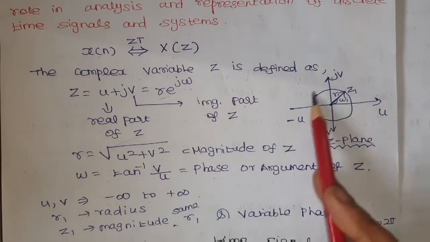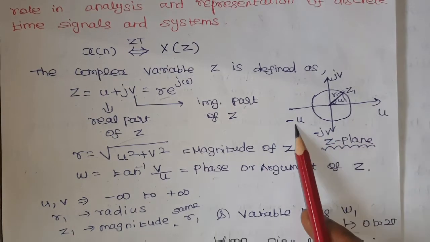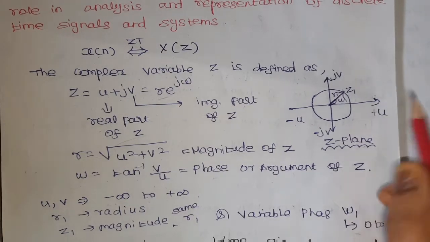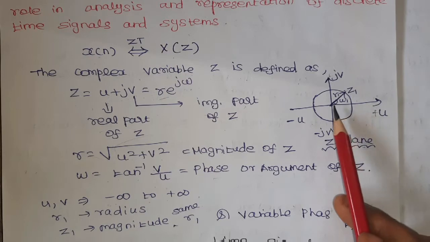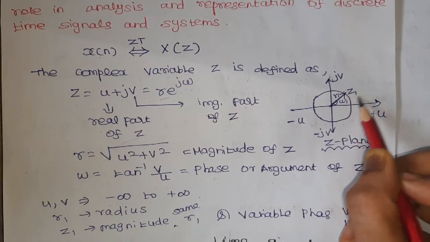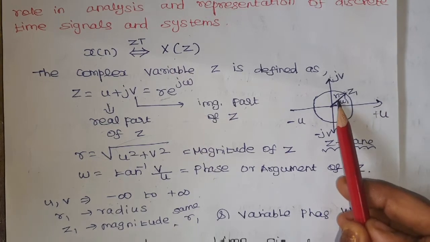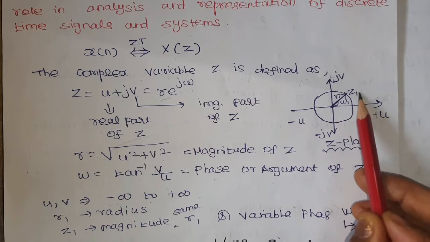This is the general diagram for the z plane, with the real part u on one axis and the imaginary part jv on the other. Here r1 is the magnitude of z1, and omega 1 is the phase or argument of this z1.